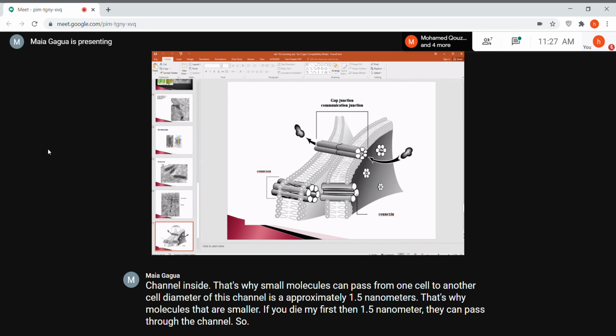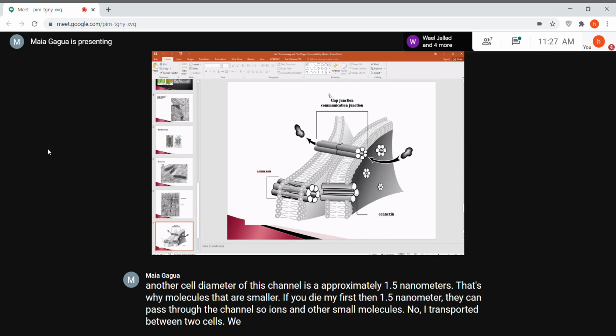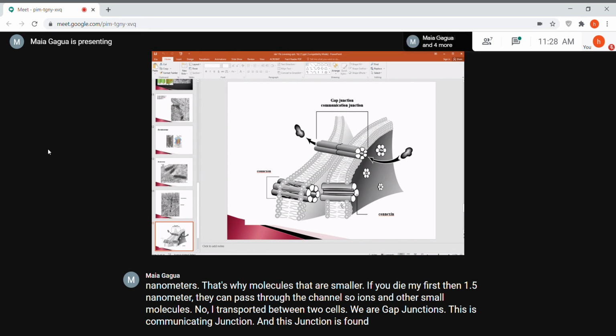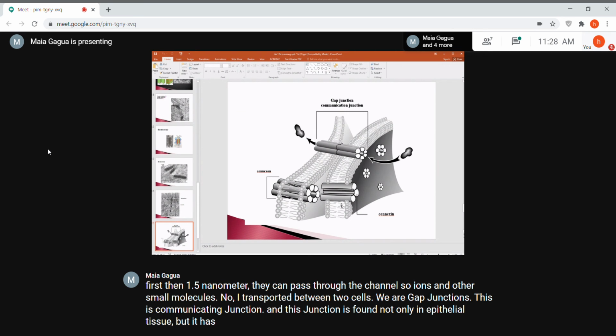So ions and other small molecules are transported between the cells via gap junctions. This is a communicating junction. And this junction is found not only in epithelial tissue, but it has a very important role in muscle tissue and in nerve tissue as well.